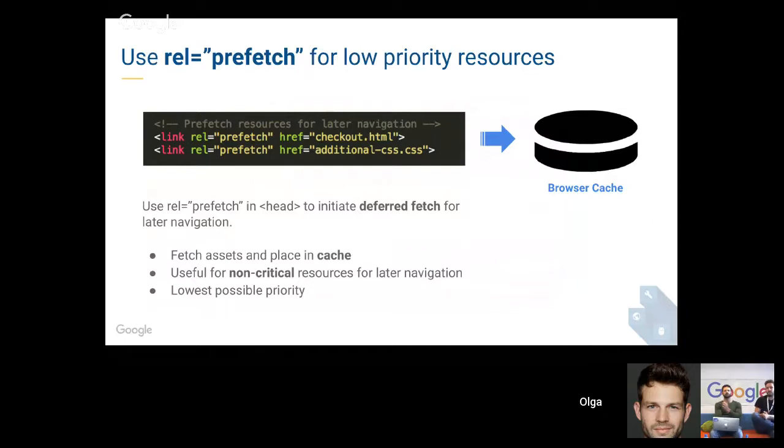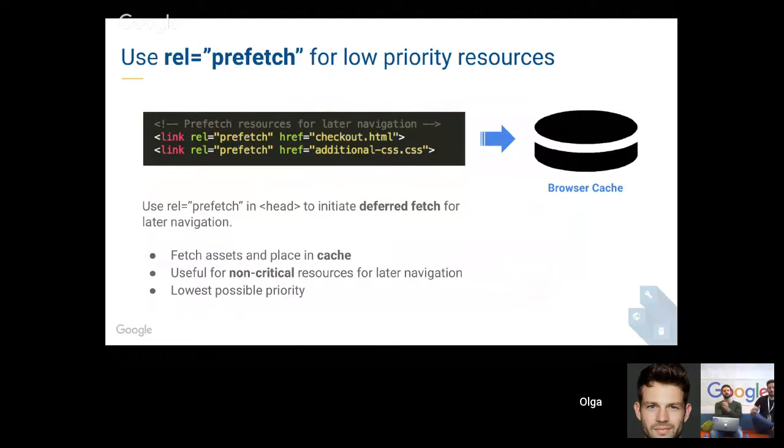You have the critical CSS, you get a really quick rendering, and then you can defer the fetch of the additional CSS that you might use on subsequent pages and put it in the browser cache, so that if the user continues in the funnel, you don't have this delay on the second or third page, because you already have the CSS in cache. So again, it fetches the assets and places them in the cache.